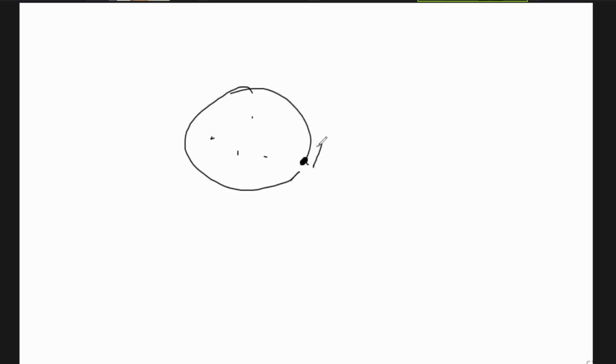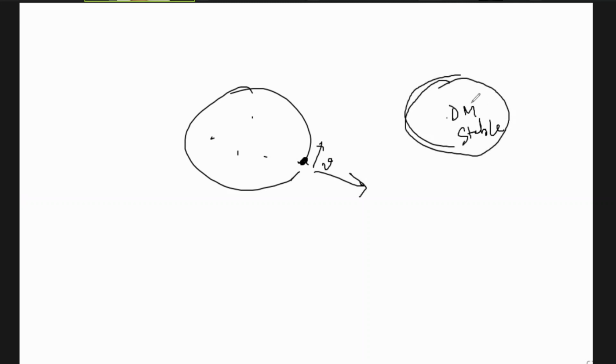But if somebody has given a kick at some early time, then it has to rotate with a high velocity to make the equilibrium. So there is a way to make the sphere of the DM halo stable. I'm not going into detail, but you know that it is stable, but it is not rotating. Like a black hole also can be stable, but not rotating at very high speed.